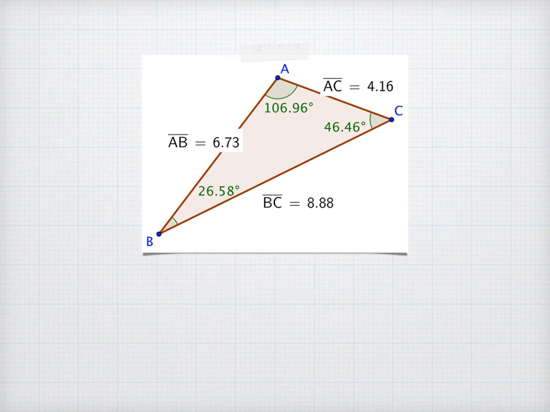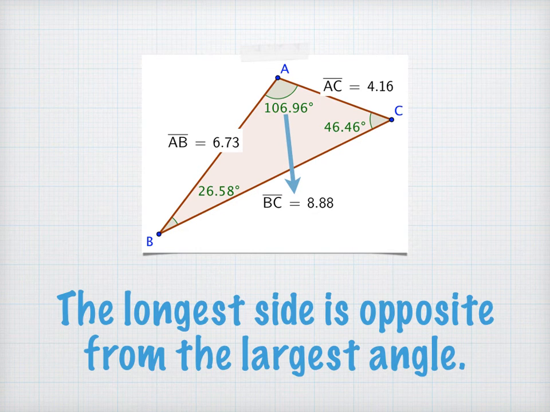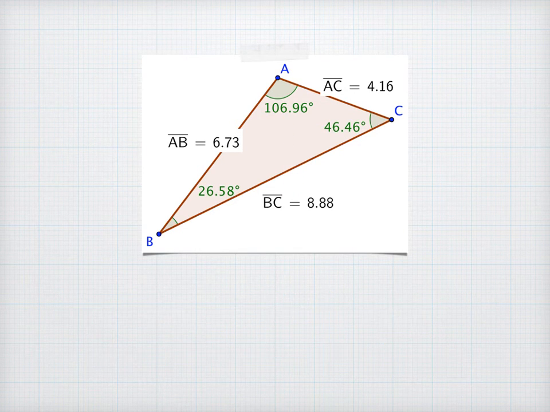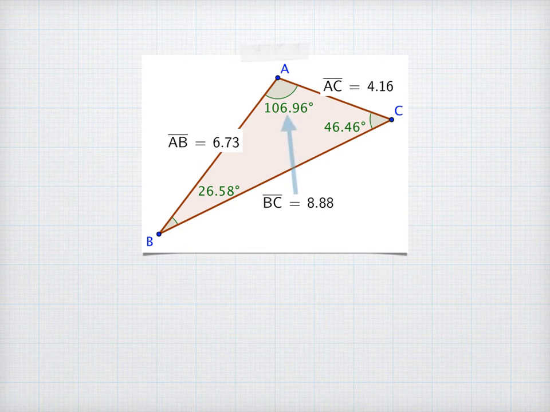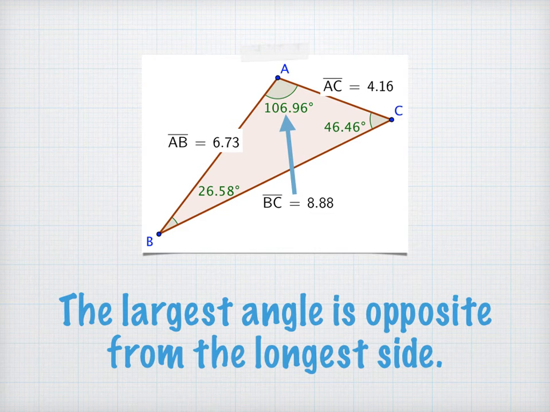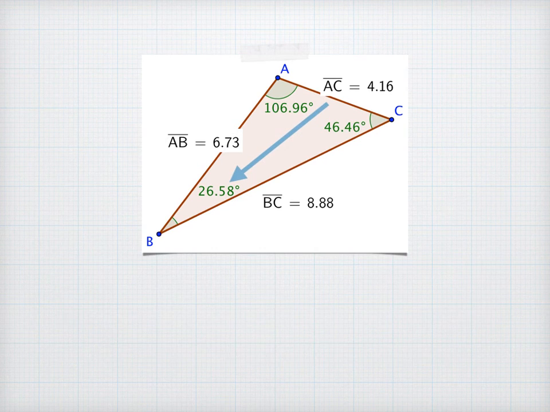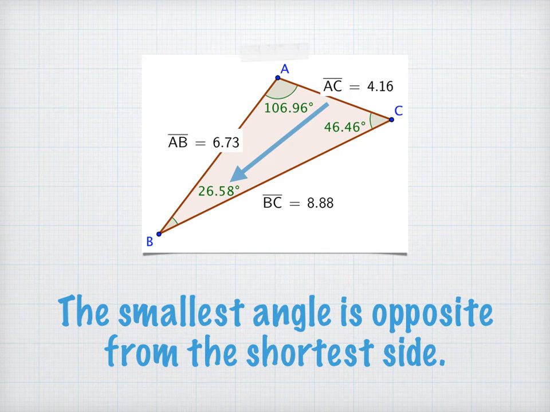So again, in this triangle, we see the longest side is opposite the biggest angle. The shortest side is opposite the smallest angle, and vice versa. The largest angle is opposite from the longest side, and the smallest angle is opposite the shortest side.